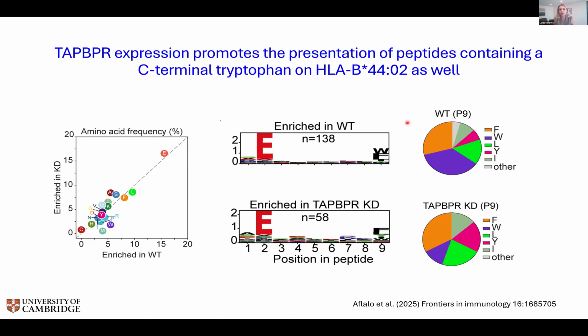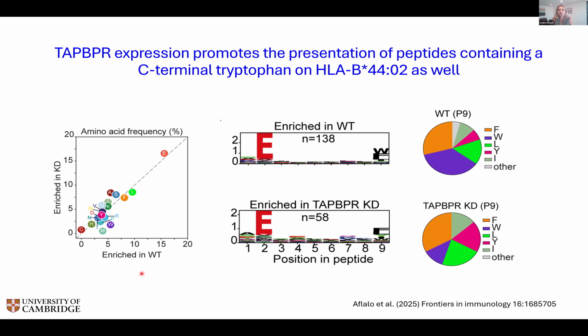However, luckily for us, B4402 is not dependent on TAPBPR for stable surface expression, so we were able to compare the peptide repertoires of cells with TAPBPR present and absent for these B4402 molecules.